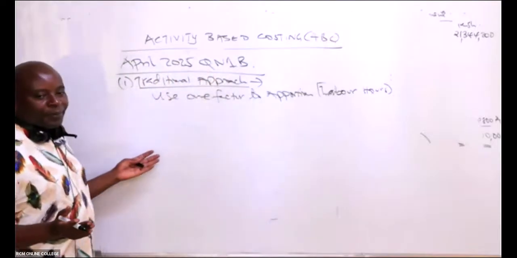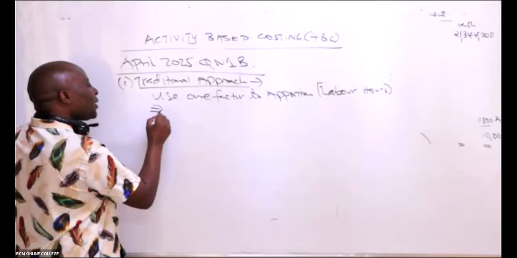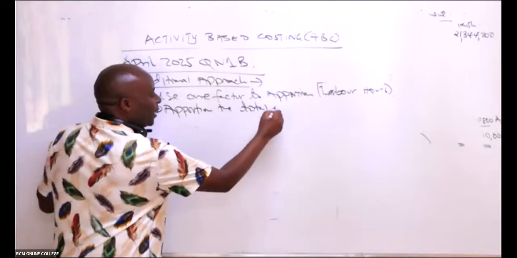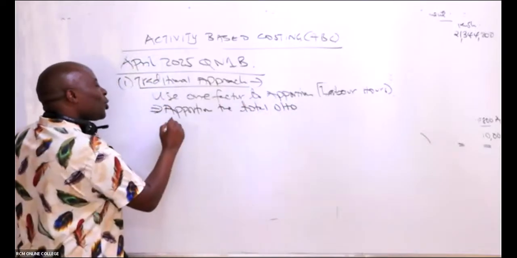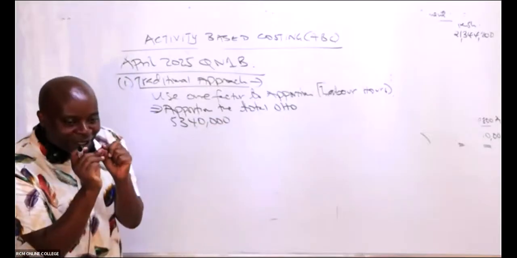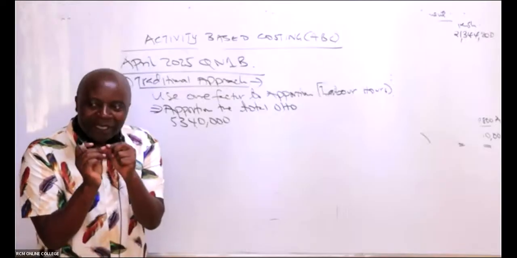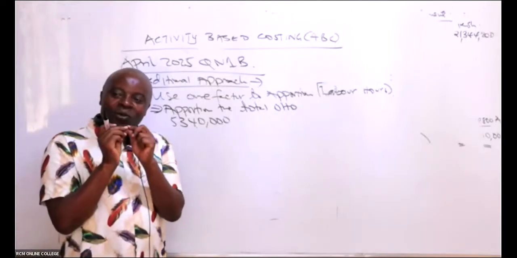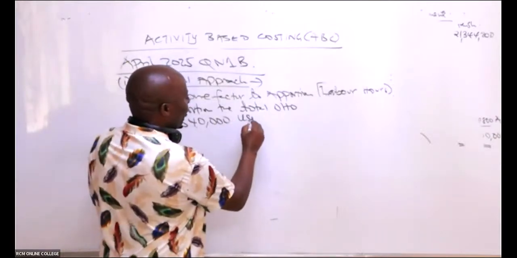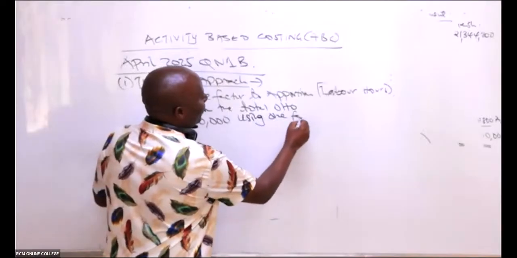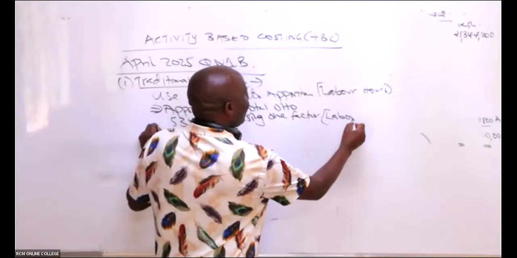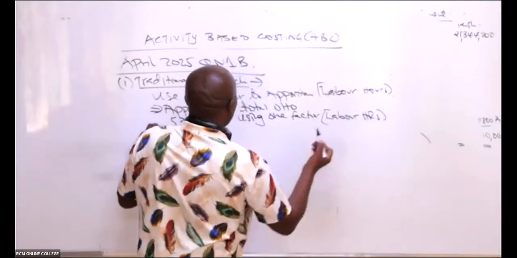In short, they want us to apportion the total overhead of 5,340,000 without looking at the individual components, using just one factor, which is the labor hours.